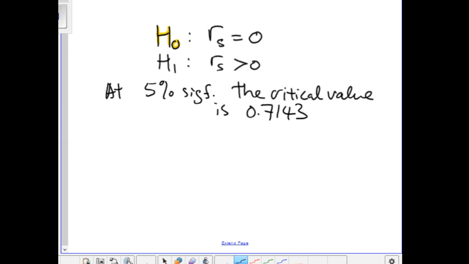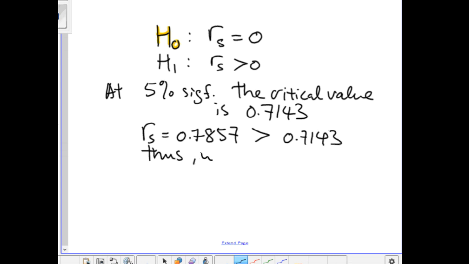And now we make a decision. Our statistic, our RS, is 0.7857, which is more than 0.7143.